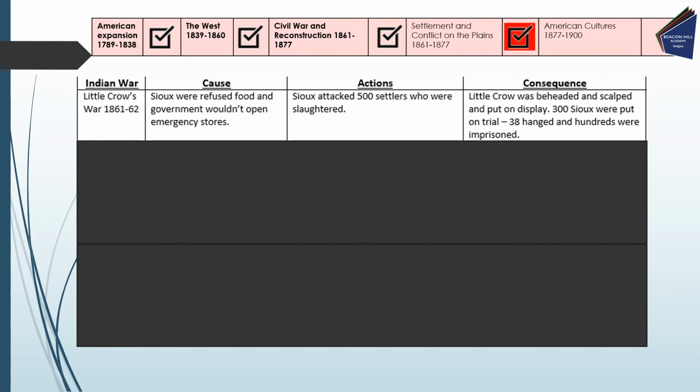It's quite unlikely that you would be given a question specifically on the Indian Wars, but you could be asked a question that centres around conflict between natives and white Americans during this time period. If that was the case, you do need to be able to reference some of the Indian Wars. Now, I am going to go through this information quite quickly, and it's really important to stress you do not need to remember every single detail here.